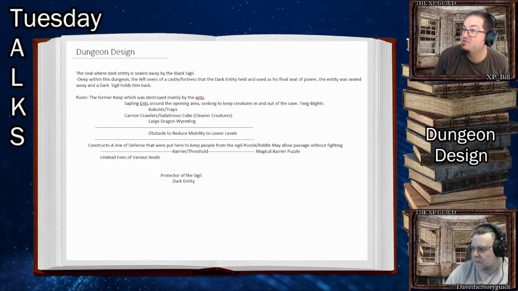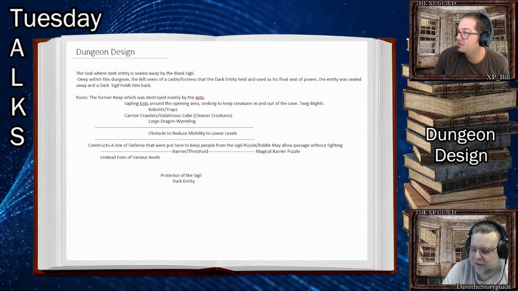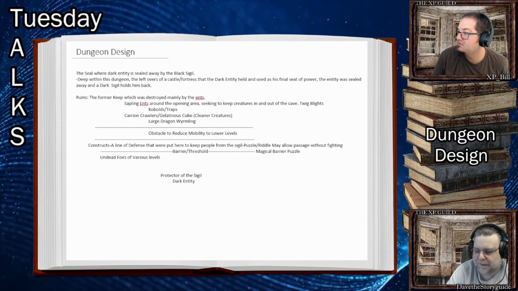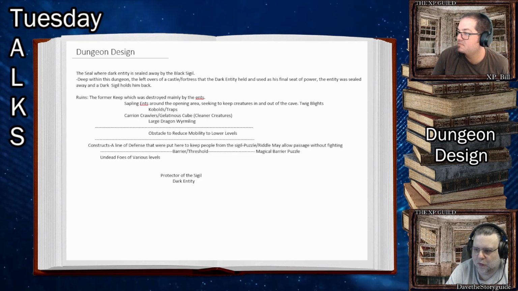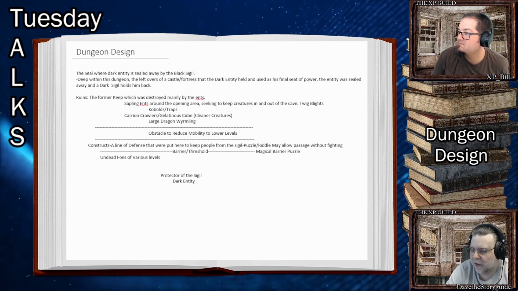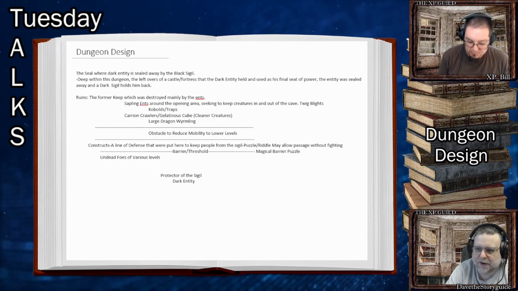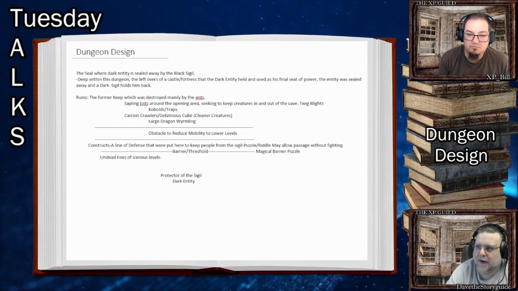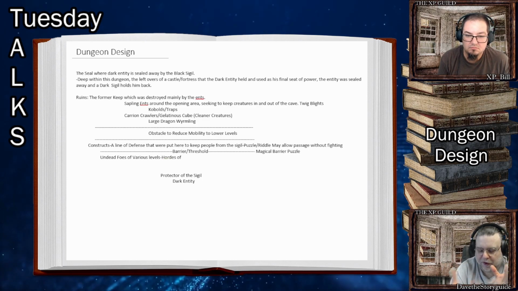I don't know how specific we want to get in that. I think we should, and it should be based on your power structure. Whether it starts out with hordes and hordes of zombies and skeletons trying to claw their way out, it could be the minions of the dark. It could be set up just like the army of the dark entity.